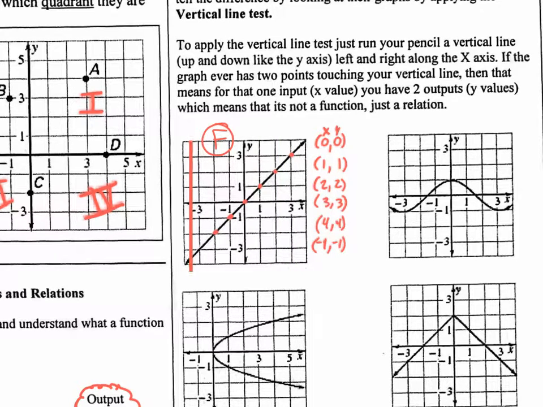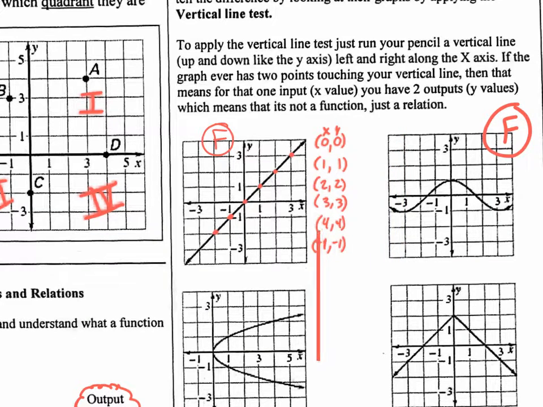Okay, so for each input, there is exactly one output. So if we go over here to this graph, that also passes the vertical line test. So automatically, without even having to think of inputs and outputs, we know that this guy over here is a function, because it passes the vertical line test.